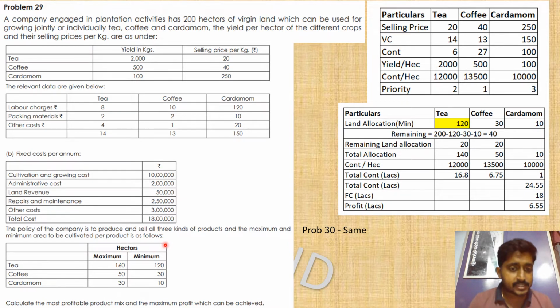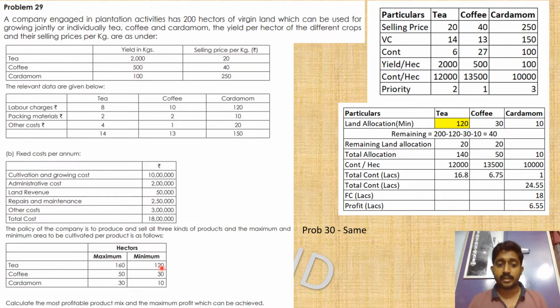So what does this say? For all three crops, what is the maximum hectares we can cultivate, and the minimum hectares. The minimum means we have some contract with some company or other party for buying those items. As per the contract we have to cultivate that crop in that area, which means that is the minimum level of cultivation.